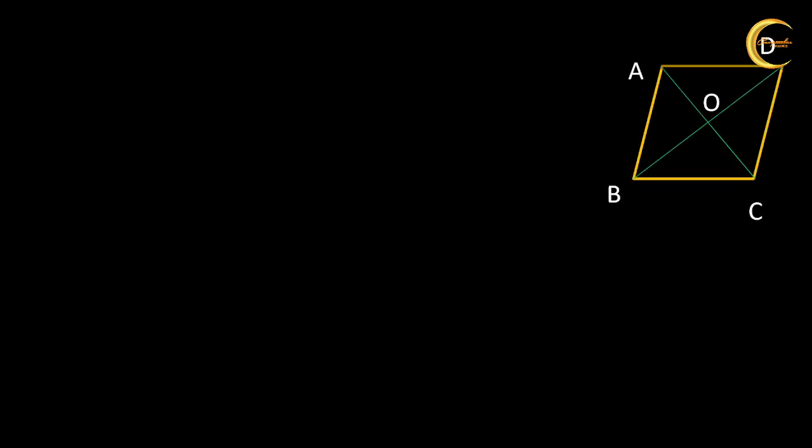Now let's see the diagram here. This is a rhombus ABCD, and these are the two diagonals. This is diagonal AC and this is diagonal BD. We are required to prove that triangle BOC is equal to triangle DOC. So how will we prove that these two triangles are equal?